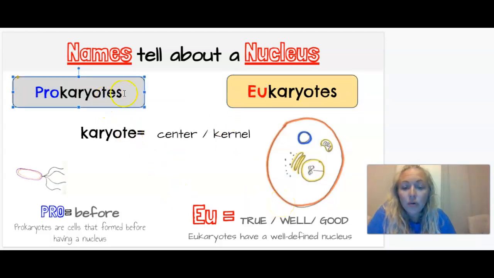The Latin root of karyote means center or kernel. So as you can see, karyote is in reference to this nucleus, right? So this little kernel in the center of the cell is the nucleus. The eukaryote has a true or a good nucleus. The prokaryotes form before there is a nucleus. Okay, so before nucleus or no nucleus, pro-no.